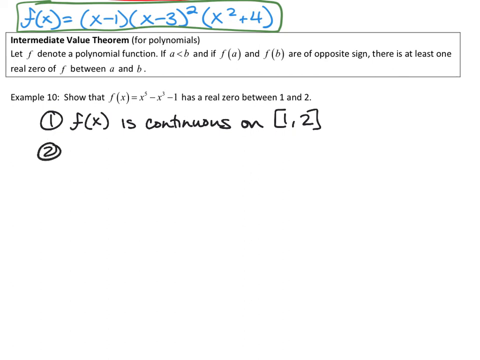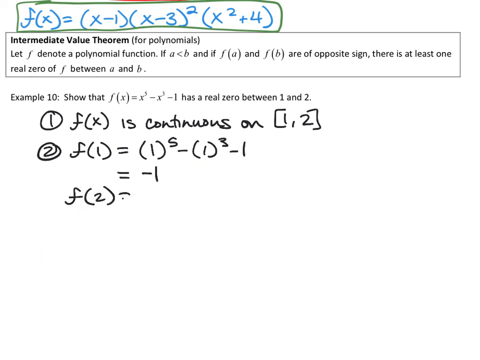Second thing we need to know is what f of 1 is. If we plug in 1 to this function, 1 to the 5th power minus 1 to the 3rd power minus 1, well, that's 1 minus 1 minus 1, which is negative 1. And if we evaluate f of 2, that means we're doing 2 to the 5th power minus 2 to the 3rd power minus 1, and that's 32 minus 8 minus 1, which is 23.